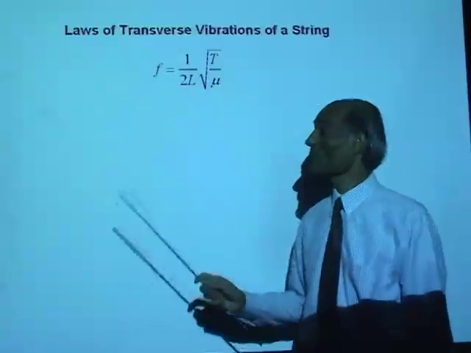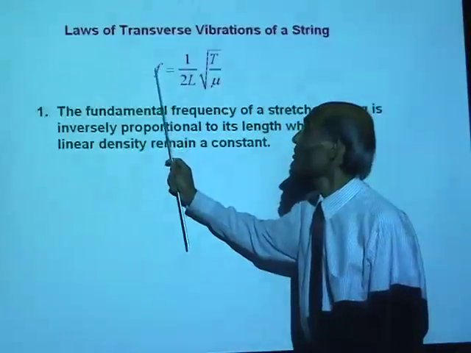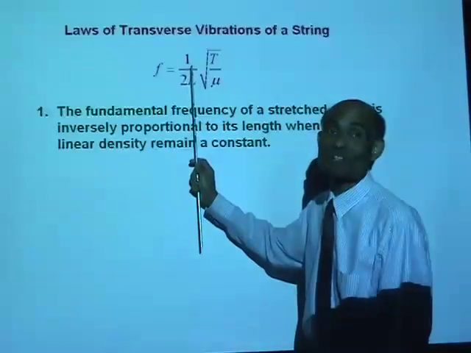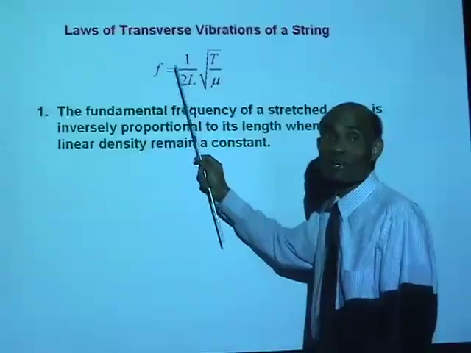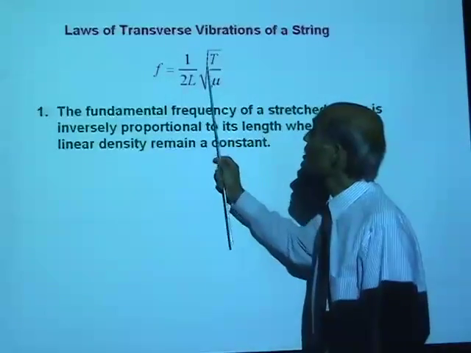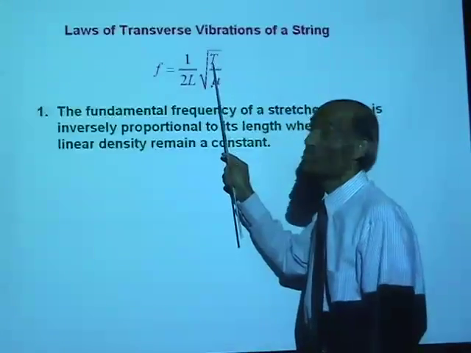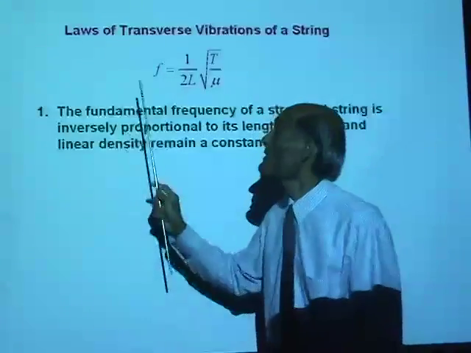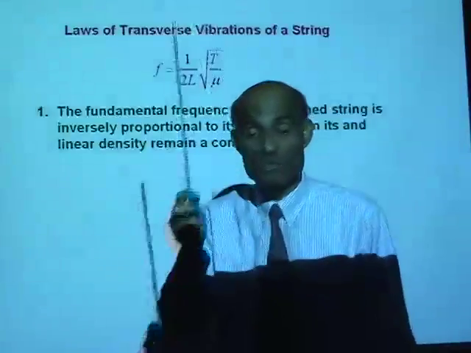Let's do that. Now, the first law says the fundamental frequency of vibration of a stretched string is inversely proportional to the length. Is that right? The length is in the denominator. If all the other quantities are kept constant, in other words, the tension and the mass per unit length are constant, then the frequency is inversely proportional to the length.